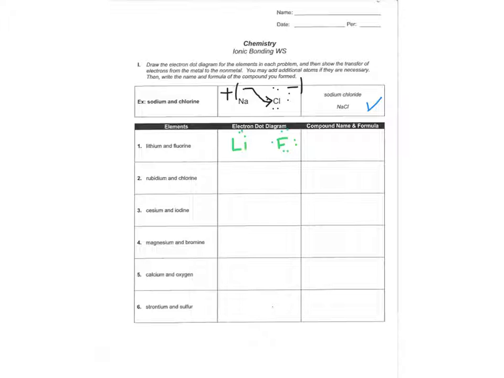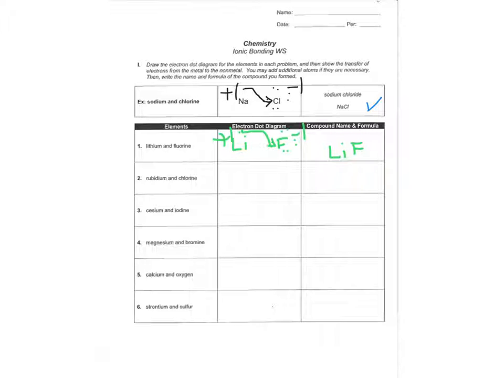So that allows lithium to transfer its 1 valence electron to fluorine to be a +1 charge, and for fluorine to gain that electron to be a -1 charge. So the formula when you cross over a 1 and 1 is going to be just LiF, and the name is going to be lithium fluoride.